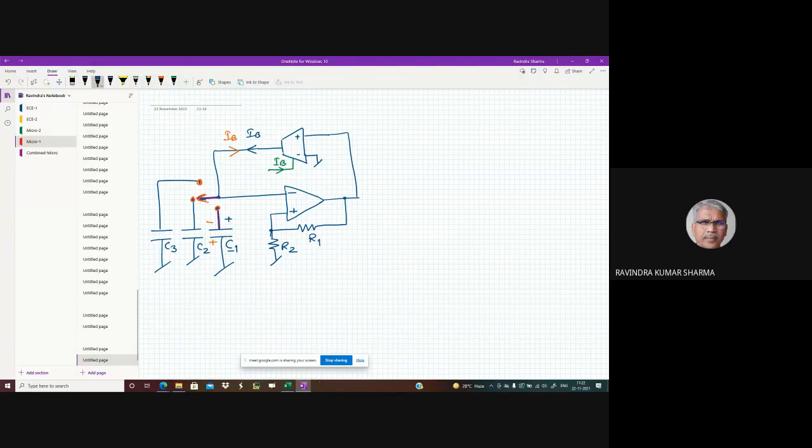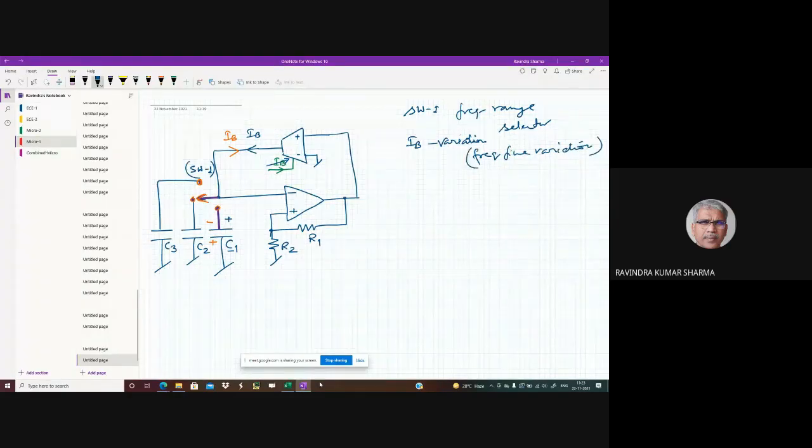If I name it as SW1, this is the frequency range selector. And if we vary this IB, if I vary IB, this is the frequency fine variation. This is for range variation, and this is for fine variation.